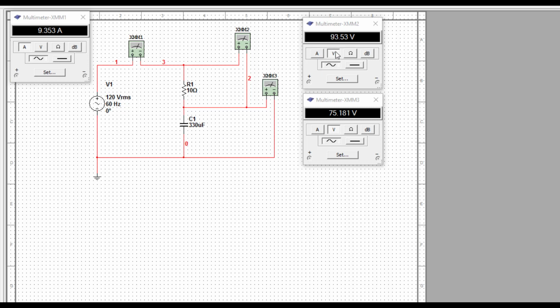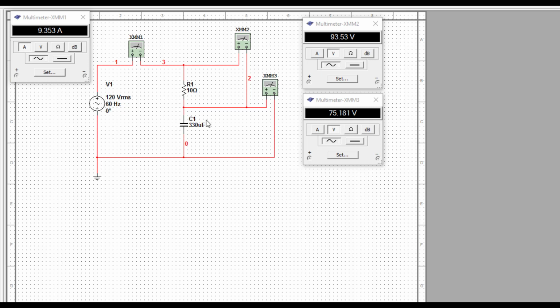And if you look at the two values and add them up directly, you can obviously see that those two voltage values don't equal 120 volts if they're added directly. And of course that's because you need to add them at their appropriate angles. So 93.53 volts at 0 degrees plus 75.2 volts at minus 90 degrees, in order to prove our Kirchhoff's voltage law.